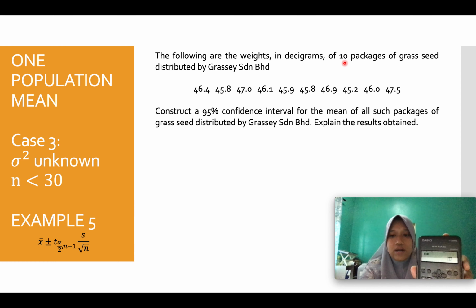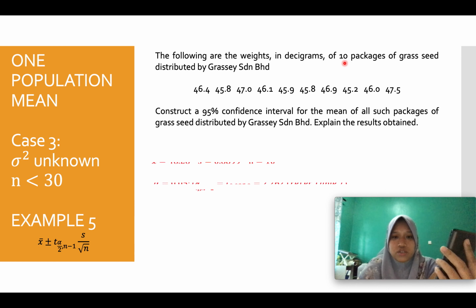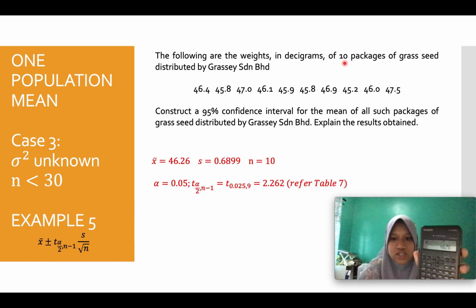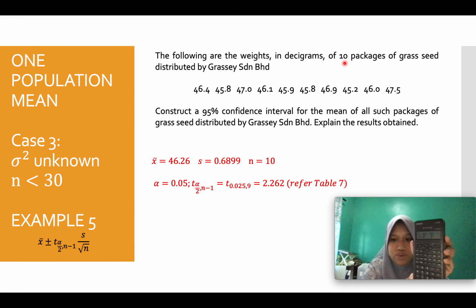Okay, so I have keyed in all the data, so I click shift 2. Okay, now we want to know the value of X bar. So X bar is 46.26. Okay, click again, shift 2. Okay, now we want to know the sample standard deviation.